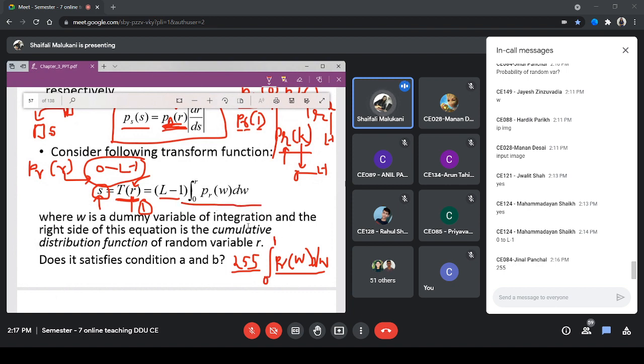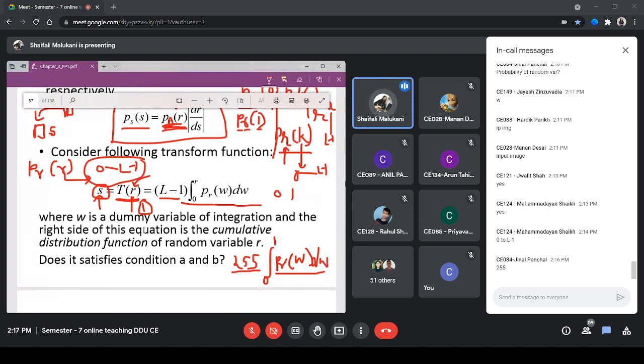Currently our values are possible only for 0 and 1. My PR is defined for R value 0 and R value 1, not for intermediate values. So currently we have to go for the discrete version of this, then it will make more sense.